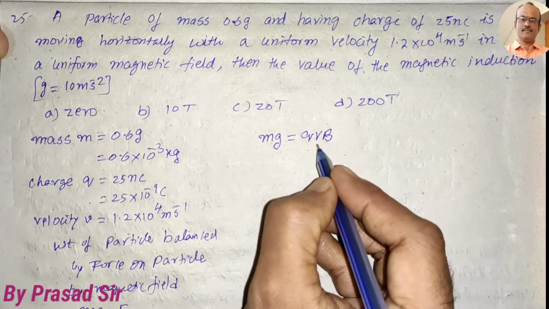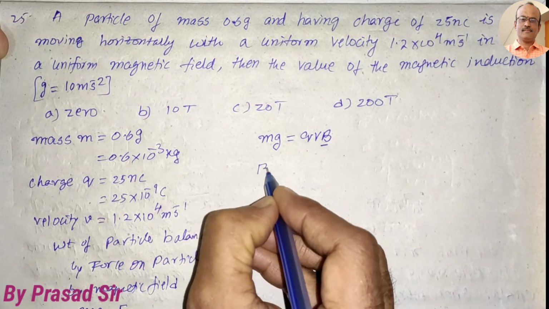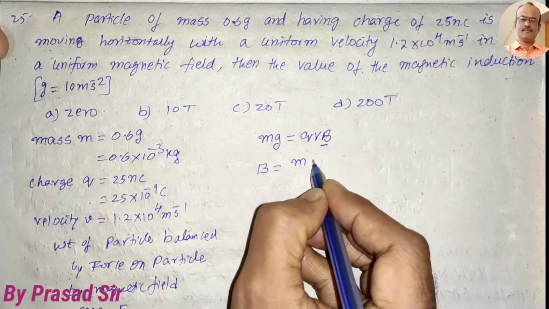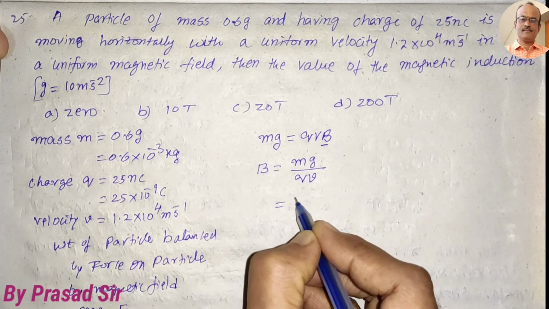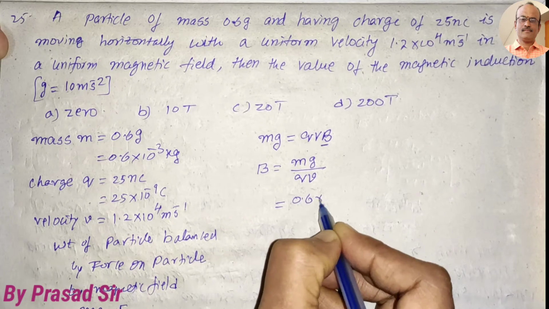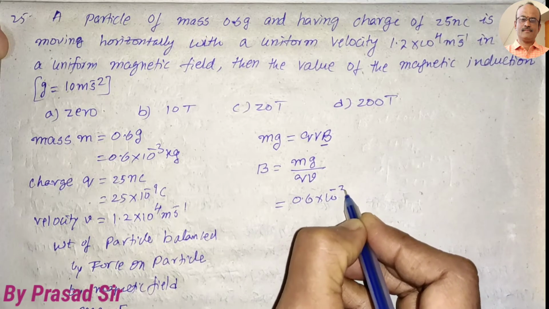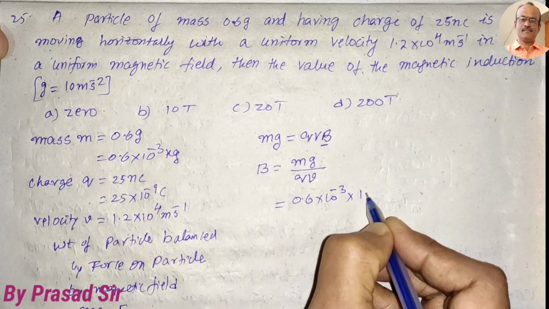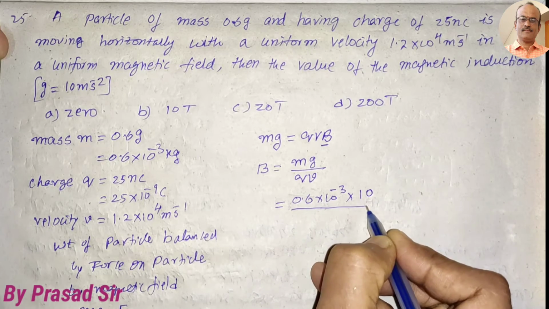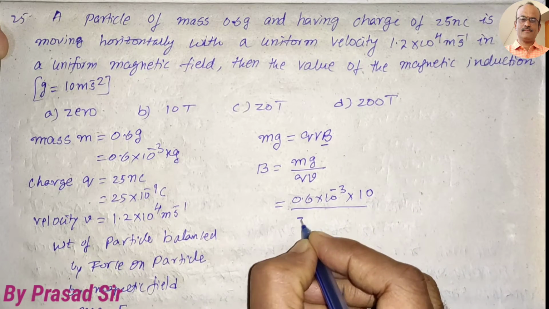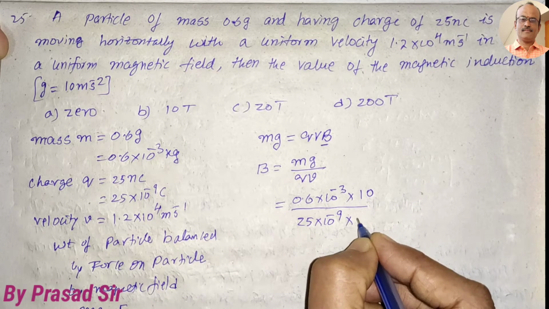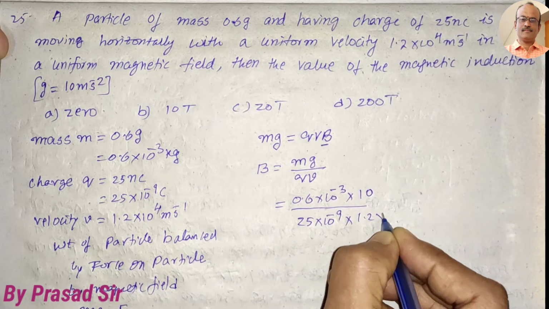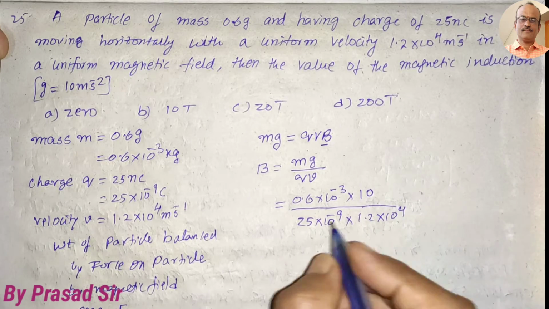Here I want to calculate the magnetic field. So B is equal to m into g divided by qv. Mass 0.6 into 10 to the power of minus 3, g 10, divided by charge 25 into 10 to the power of minus 9 and velocity 1.2 into 10 to the power of 4.